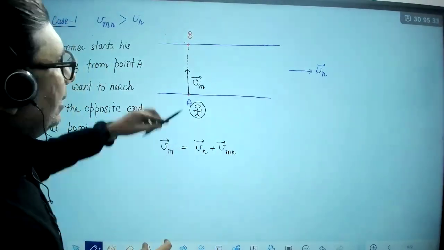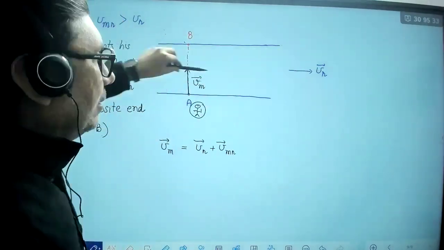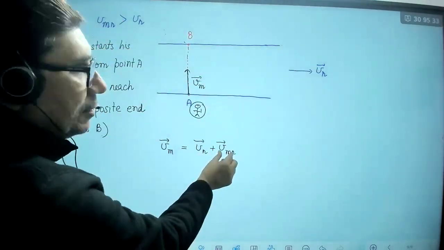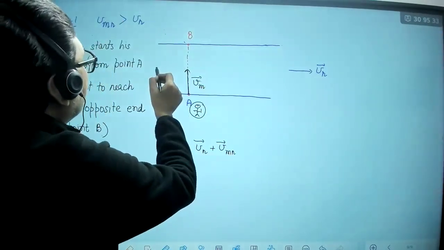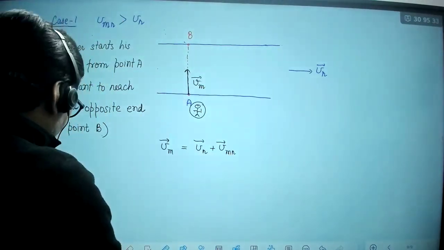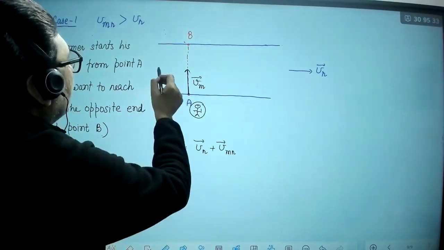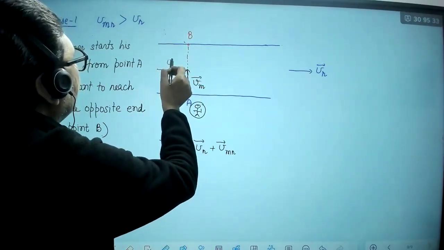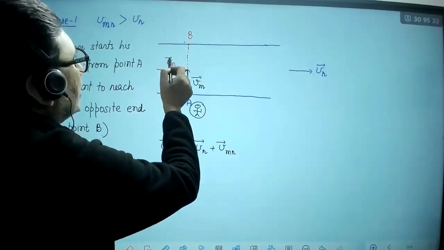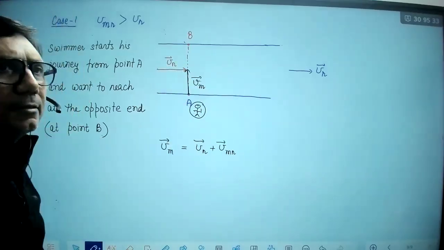Try to understand, VR is in this direction. And you are saying VR plus this vector is this one. So VR will be somewhere here. I'm drawing this VR vector. This is VR. The river is flowing in this direction, so I cannot change this.